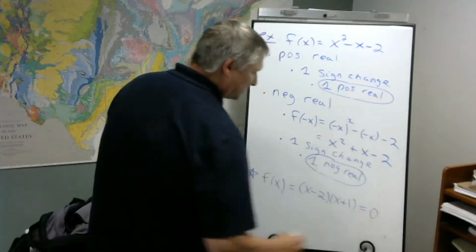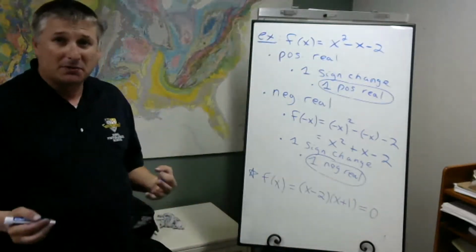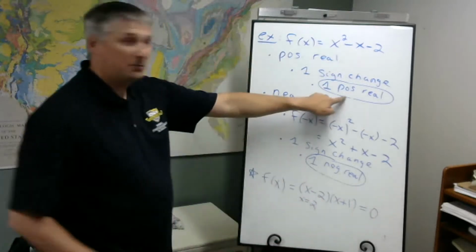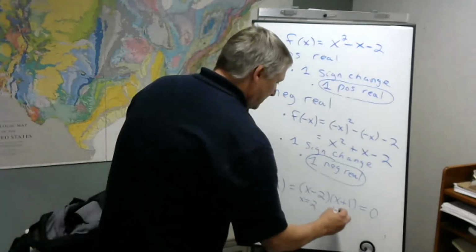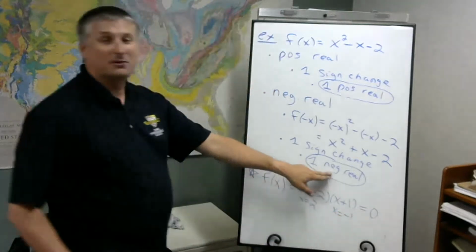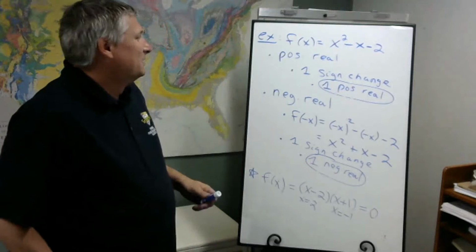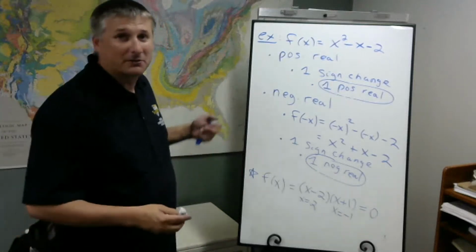If we set that equal to 0, what makes this 0? Well, x being positive 2, x being negative 1. All right, so let's look at another example.